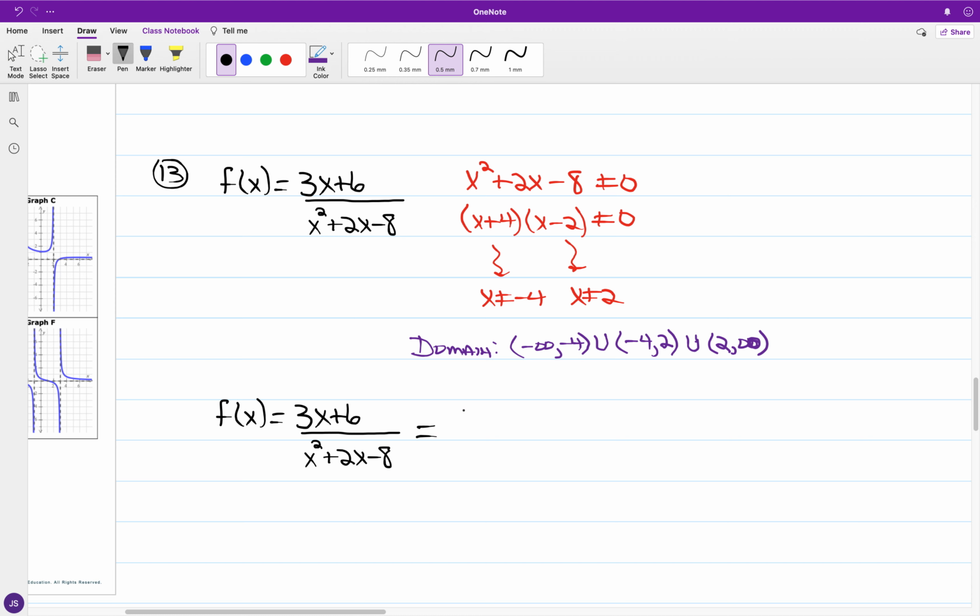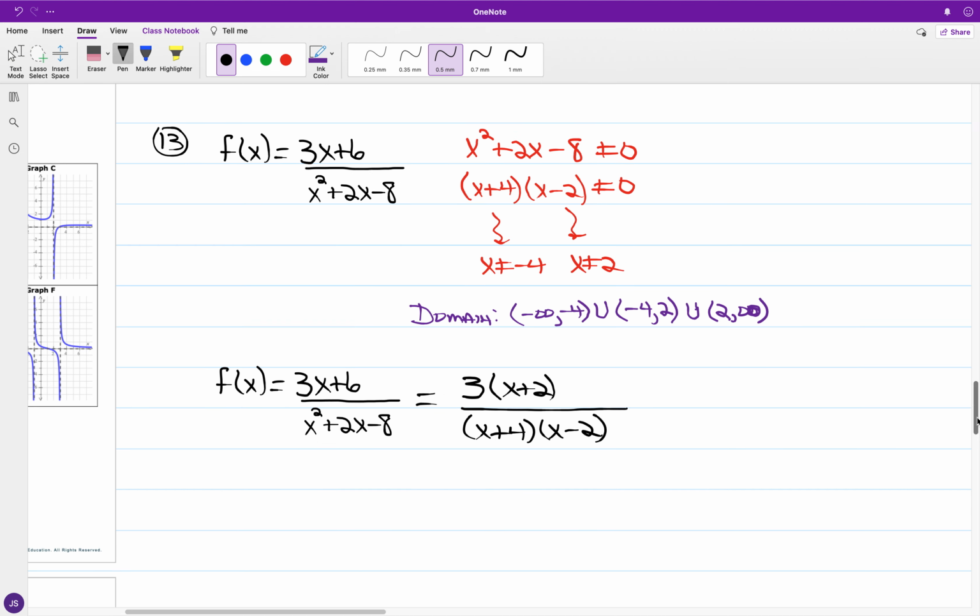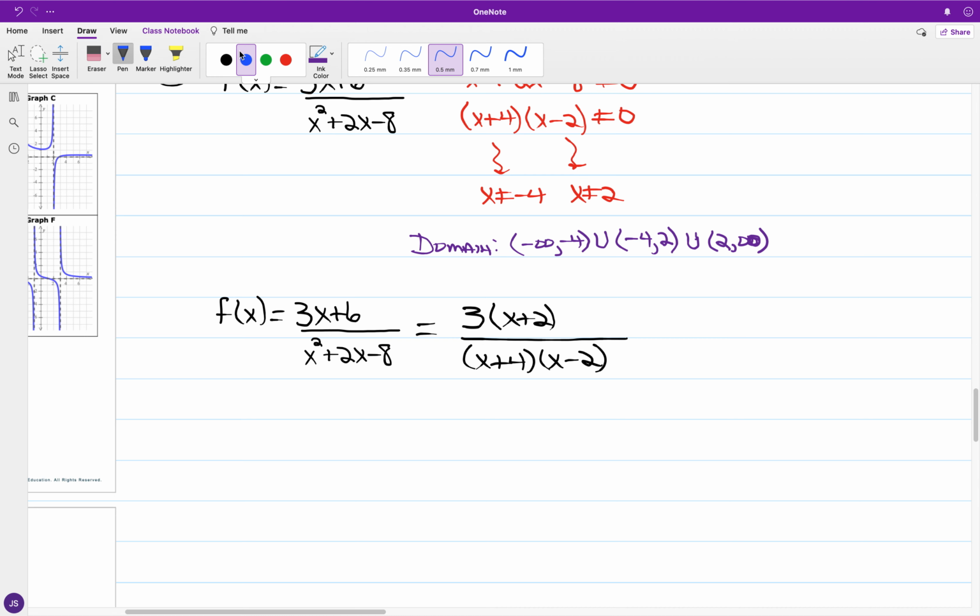If we look at the factored form, we have 3 times the quantity x plus 2, all over, once again, x plus 4 times x minus 2. Notice that we don't have x plus 4 or x minus 2 present in the numerator, so there's no canceling. So x plus 4 and x minus 2 remain.